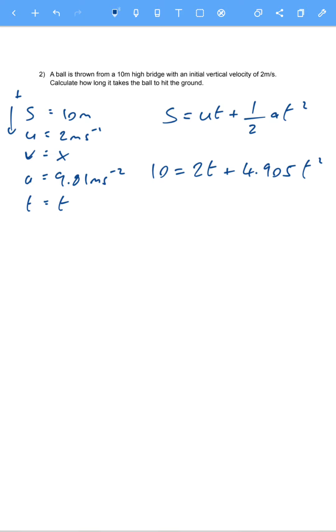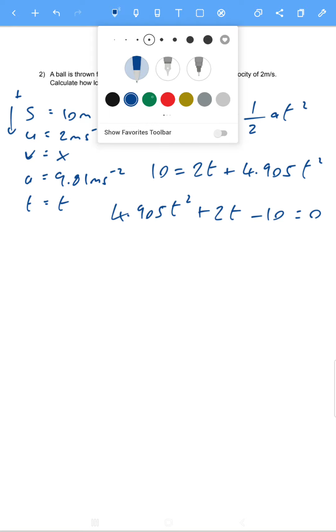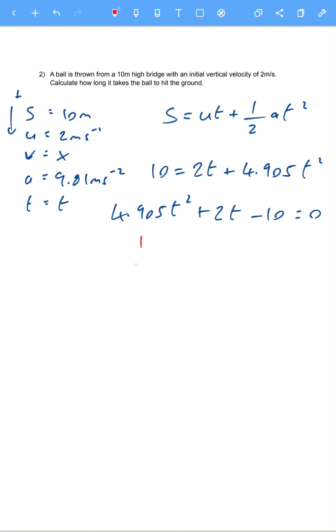So we can use the quadratic formula. So let's just rearrange this. So it's 4.905 lots of t squared plus 2t, and then minus the 10 equals 0. So I'm just going to switch colours. So that would be A, this would be B, and this would be C.